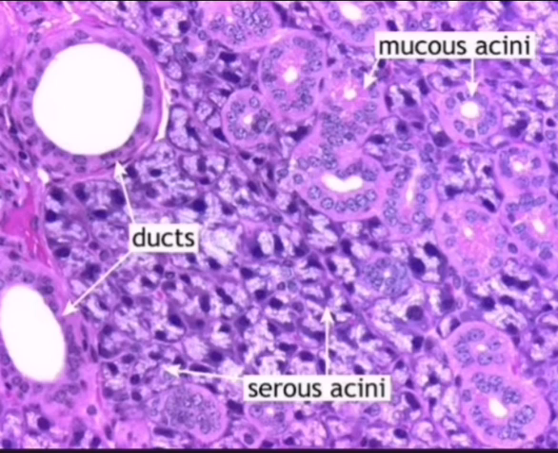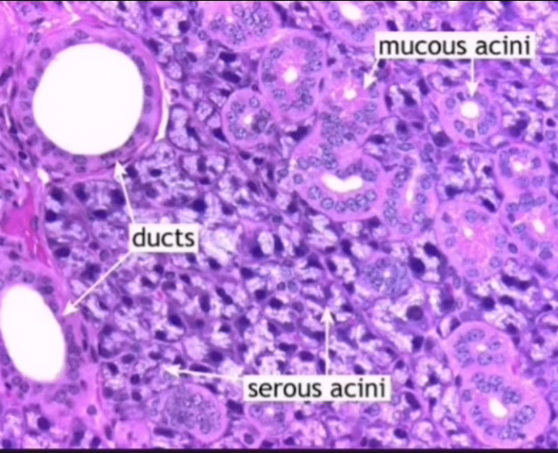The stains that are usually used are hematoxylin and eosin. With these two stains, the serous acini will be darkly stained and the mucous acini will be lightly stained, right? So now you can get the idea of how serous acini look. These are the serous acini, and the lighter ones are the mucous acini and the ducts. Why these three things are important, you will get to know in the end.